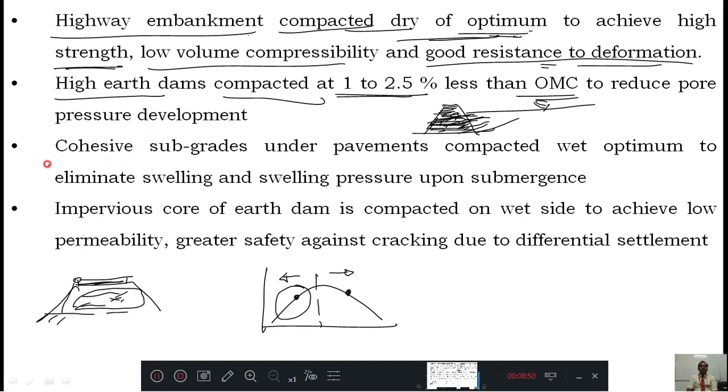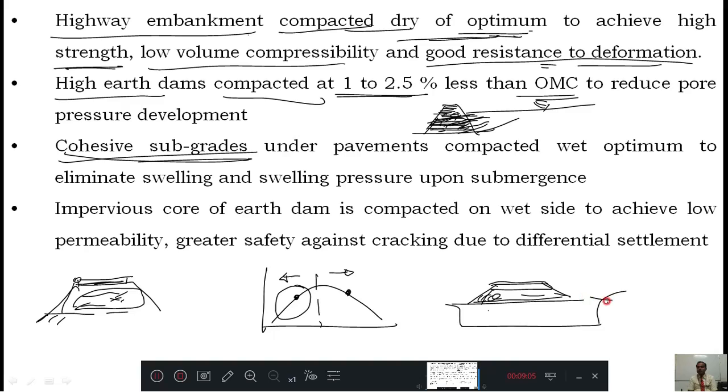Then the cohesive subgrades. Subgrade means, this is a road, and the road will have some wearing course, and below that you will put some soil and compact it. You will excavate some amount of soil, and this ground where you are going to put the wearing course and all is called the subgrade.